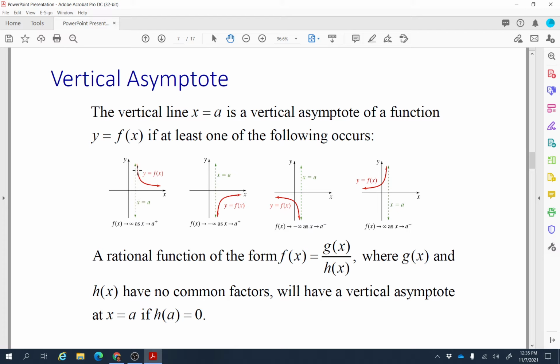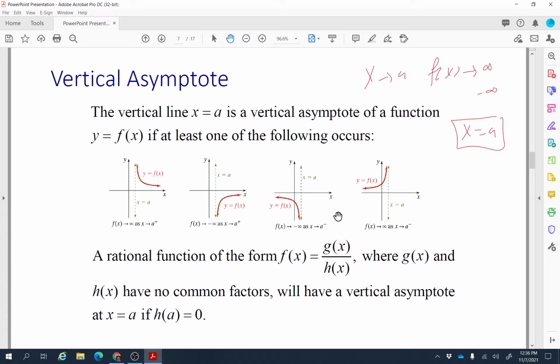When x approaches a, the function tends to positive infinity or negative infinity, from the left side or from the right side. If that happens, then x equal to a is a vertical asymptote for that particular function.